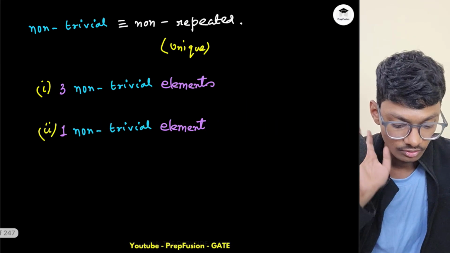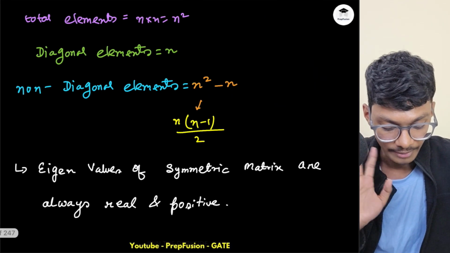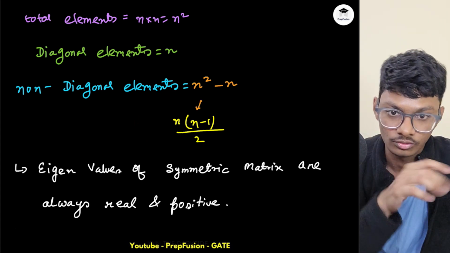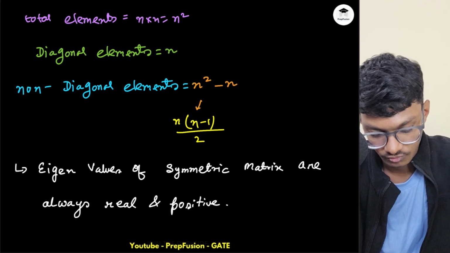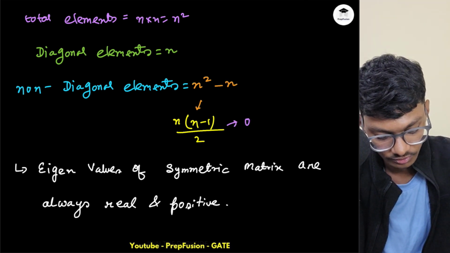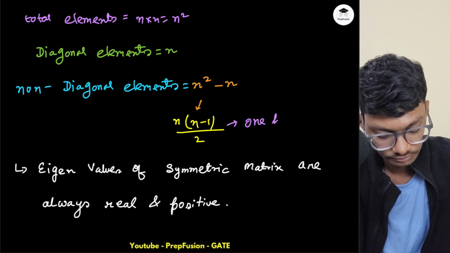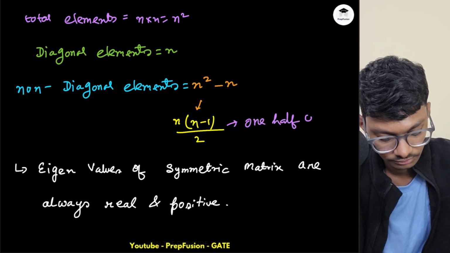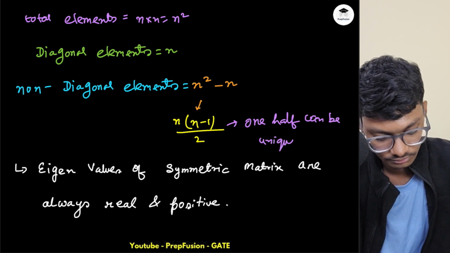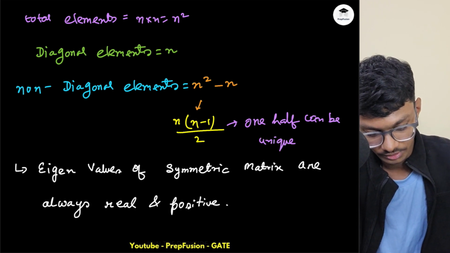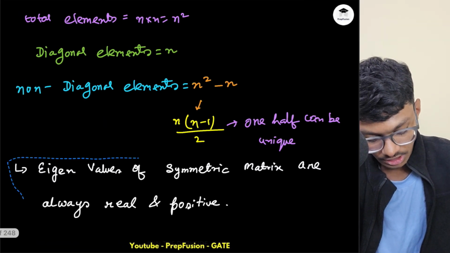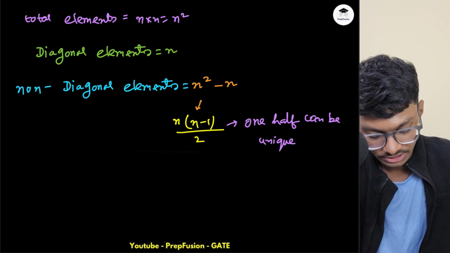So basically what we have to say is the maximum number of unique elements here can be n into n minus 1 divided by 2. One half can be unique. Now one half is unique, and all the diagonal elements are unique.